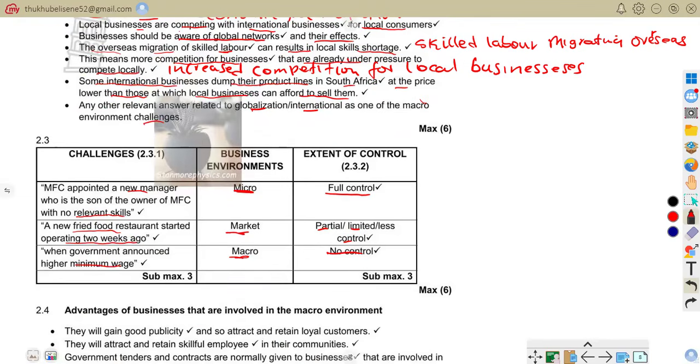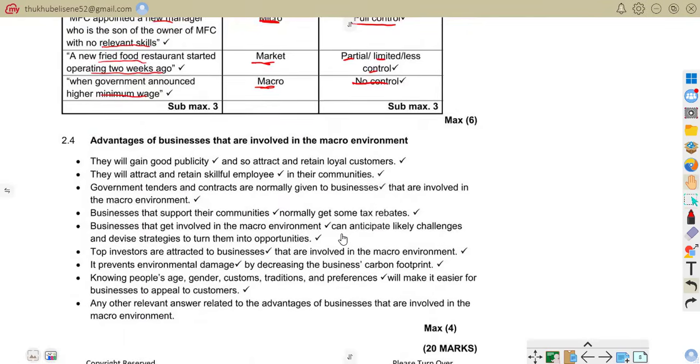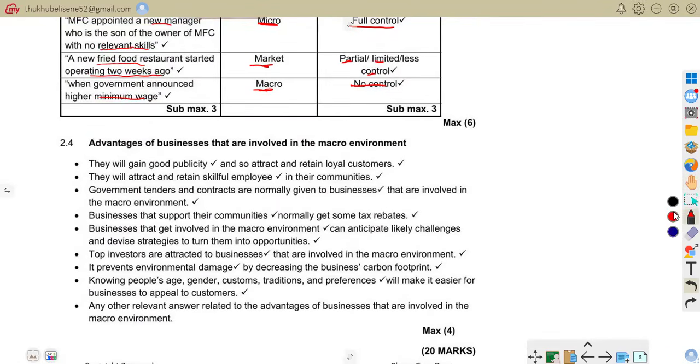So here are our answers. 2.4, advantages of business that are involved in the macro environment. The first one says they will gain good publicity and so attract and retain loyal customers.